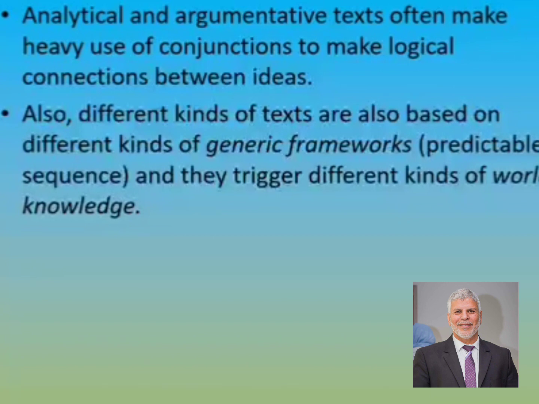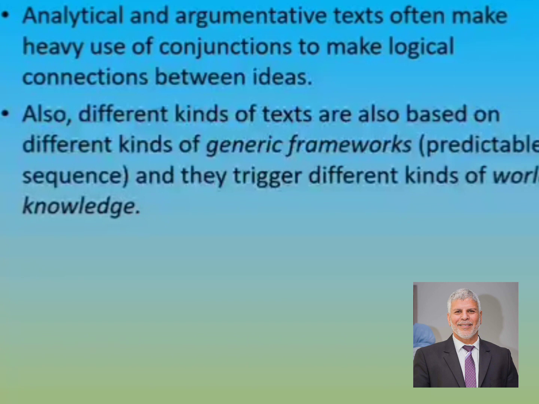In coherence, as we have mentioned, we rely on the generic framework, the general framework that the text has, because any text will share certain structure with similar texts. So for example, if you are dealing with a news article, the news article has features which are also found in other news article texts.